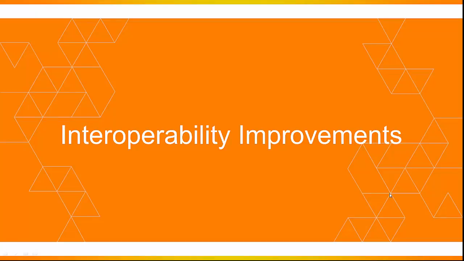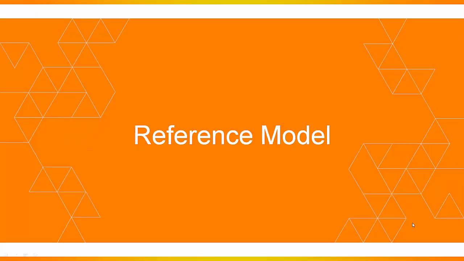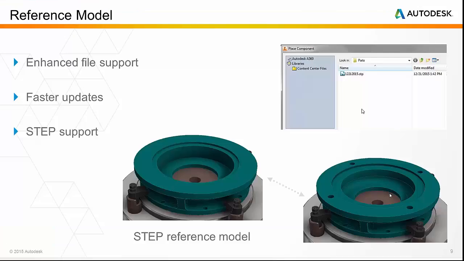Here are some of the interoperability improvements of Autodesk Inventor 2017. Reference model. Significant enhancements were made to the reference model update behavior for CATIA, SolidWorks, NX, and ProE or Creo files.